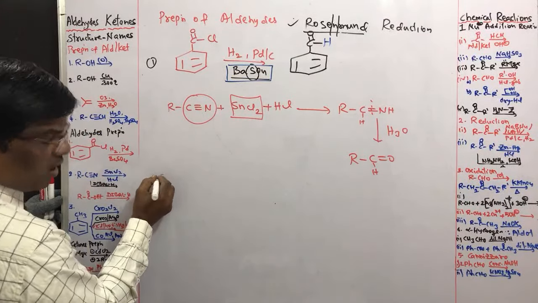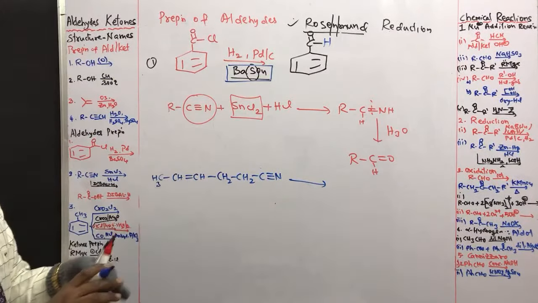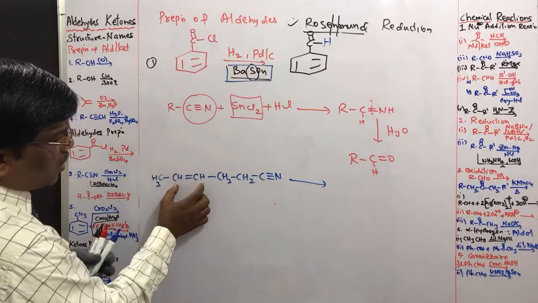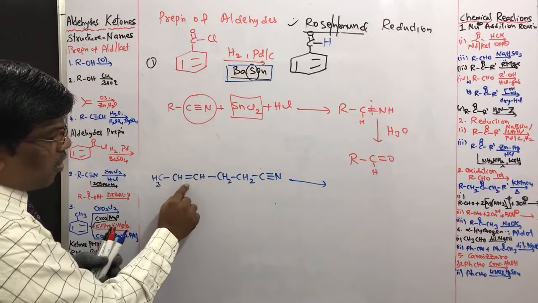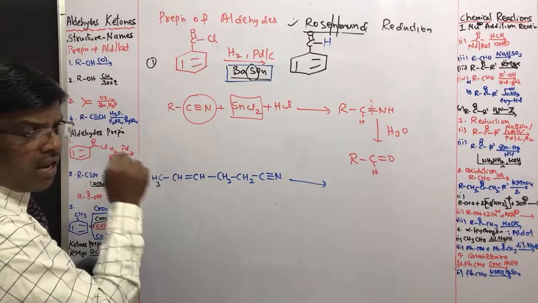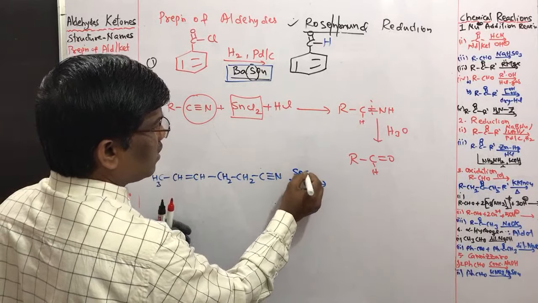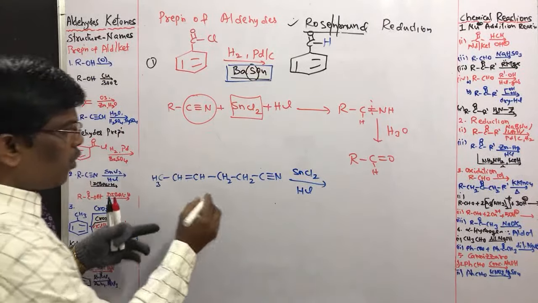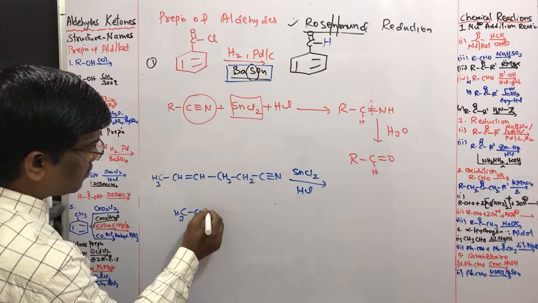Let us take a double bond containing compound. This double bond, if I do using hydrogen palladium, is going to be reduced to alkane. This double bond is going to reduce to single bond. However, if I use this SnCl2 in presence of HCl, I am going to get exclusively aldehyde.